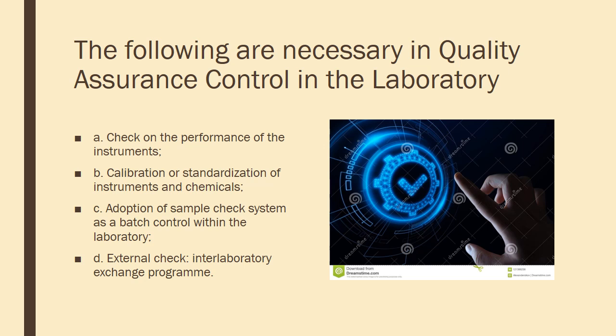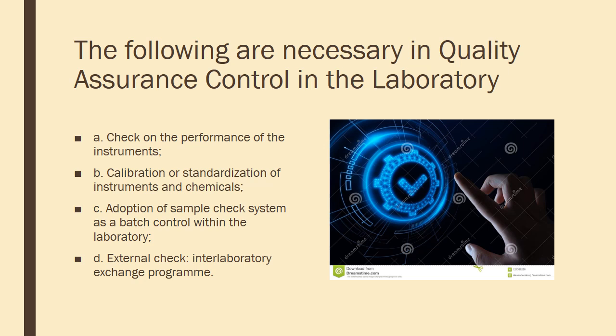Now, the following are very necessary when we talk about quality assurance control in the laboratories, and it has to do with checks. You need to be able to check your instruments in the laboratories. Check your instruments very carefully to be sure that they are functioning properly.